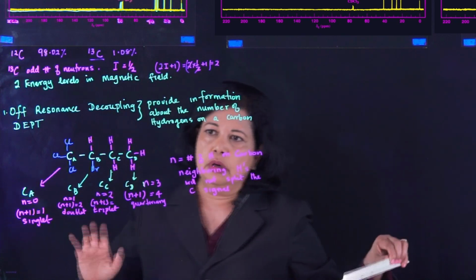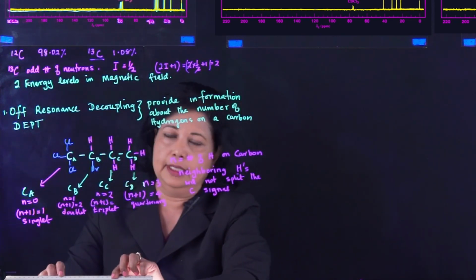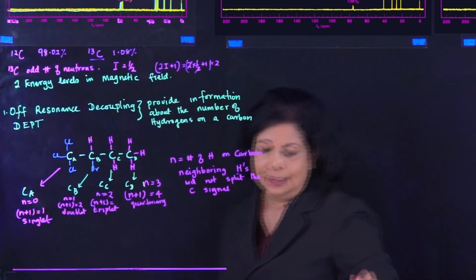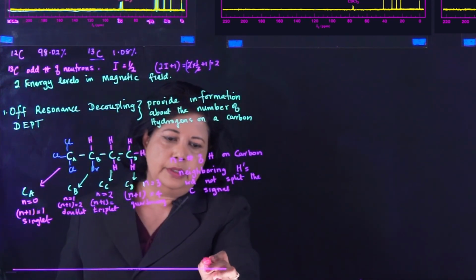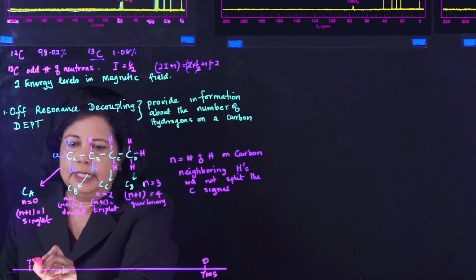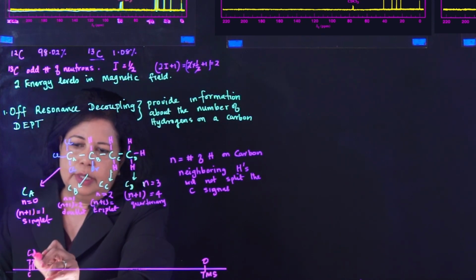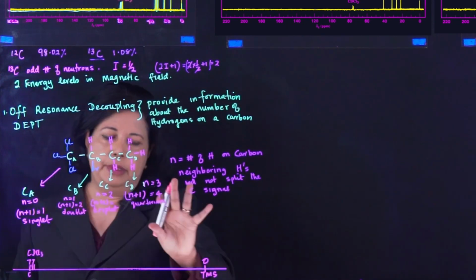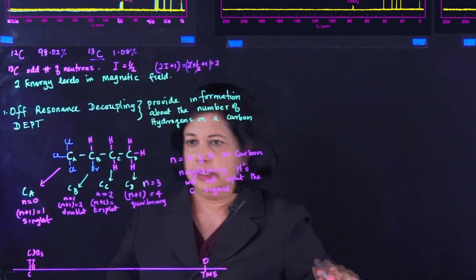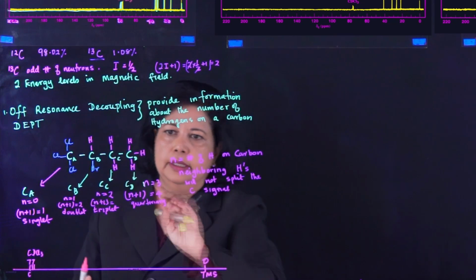So let's draw a theoretical or schematic spectrum for this. Let's say 0 is where you have TMS, and 77 is where you have CDCl3. Let's look at what's in between here. Typically, this would be in between in the alkyl region. This Cd would give you a quaternary peak.